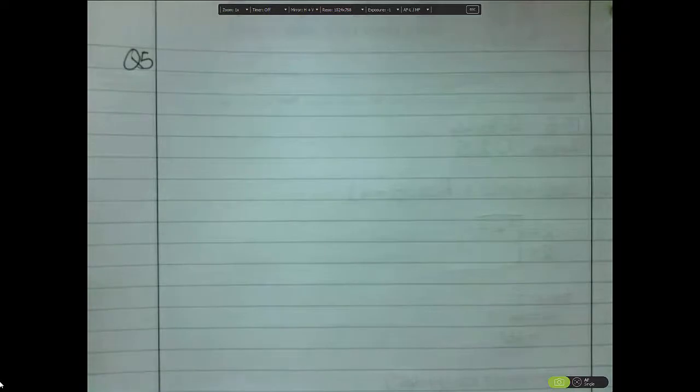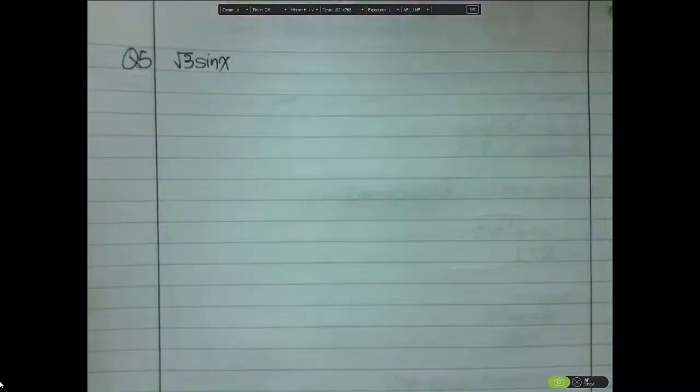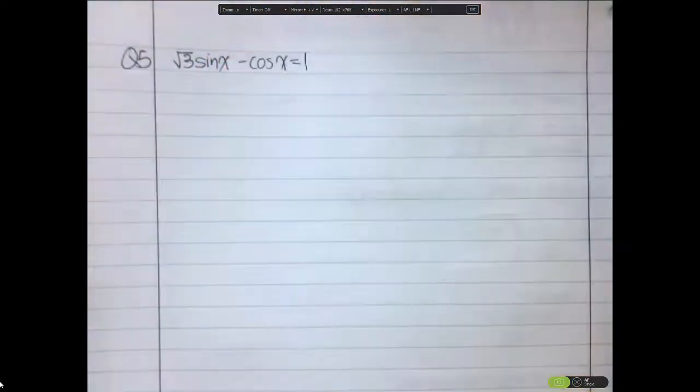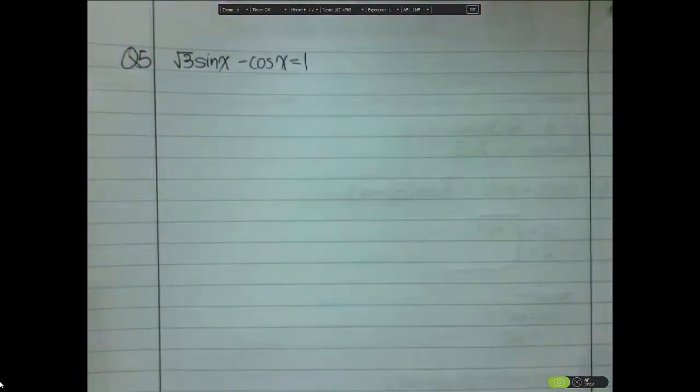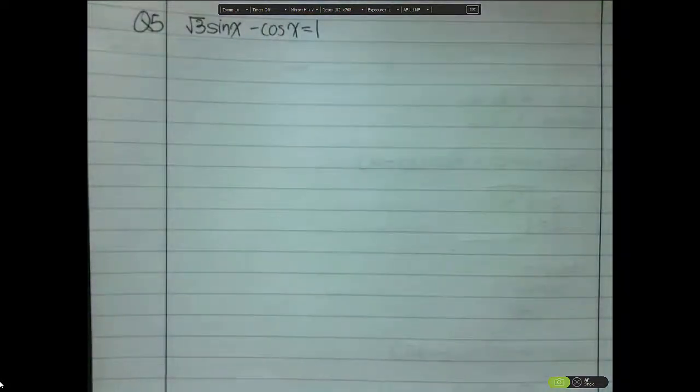Okay, question 5 works like this. They say solve an equation. So I get square root 3 sine x minus cosine x equals to 1. Now we can't just solve this equation because we need to combine these two terms into one trigonometric function so we can solve it.